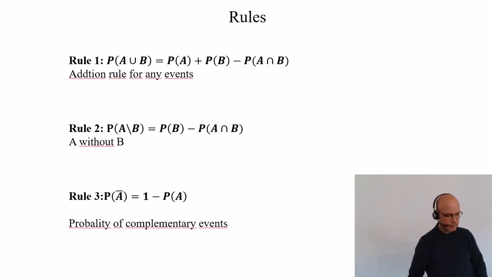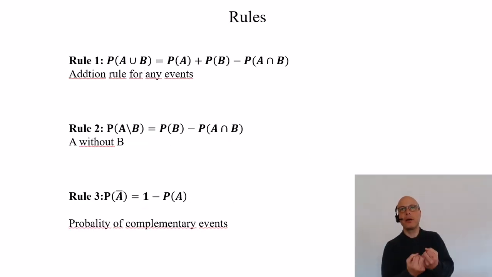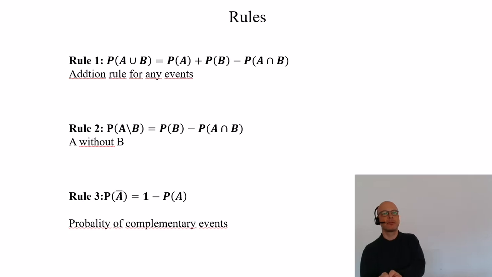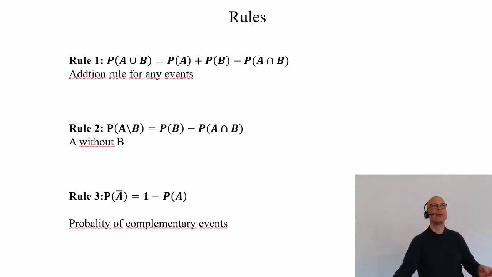So, and using these 3 axioms, and this is quite astonishing, we only need these 3 axioms, and out of these 3 axioms, we can build up the whole statistical theory which we have nowadays.